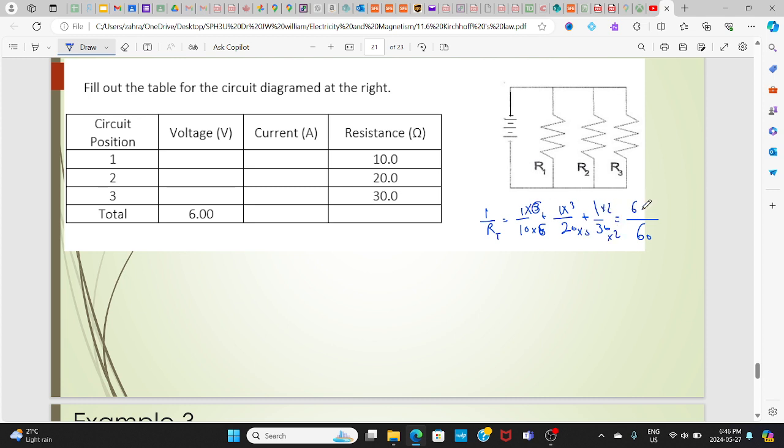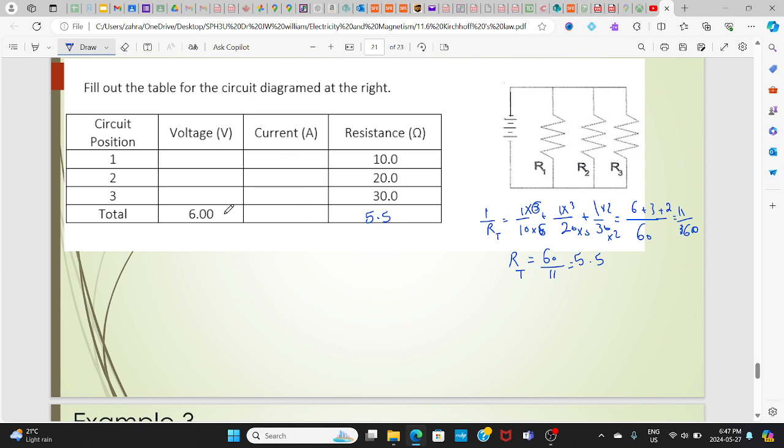If I do it, it's going to be 6 plus 3 plus 2, which is 11 over 60. But I need to find RT, so I need to flip it: 60 over 11. That would be about 5.5. So the total resistance is 5.5.